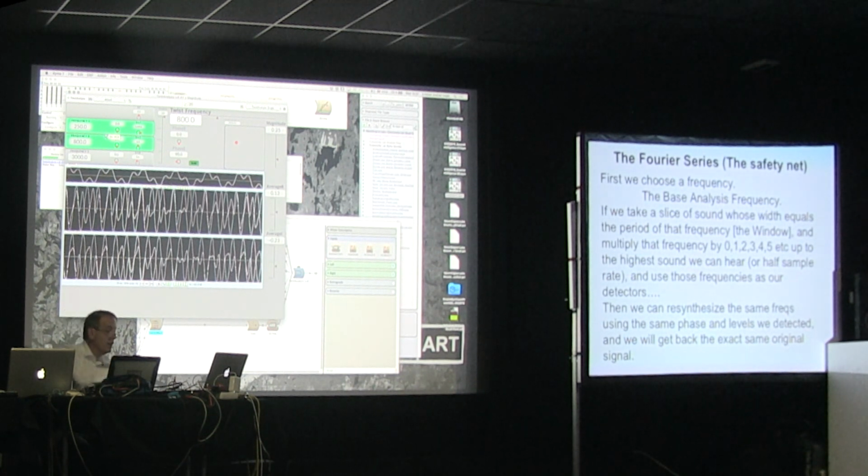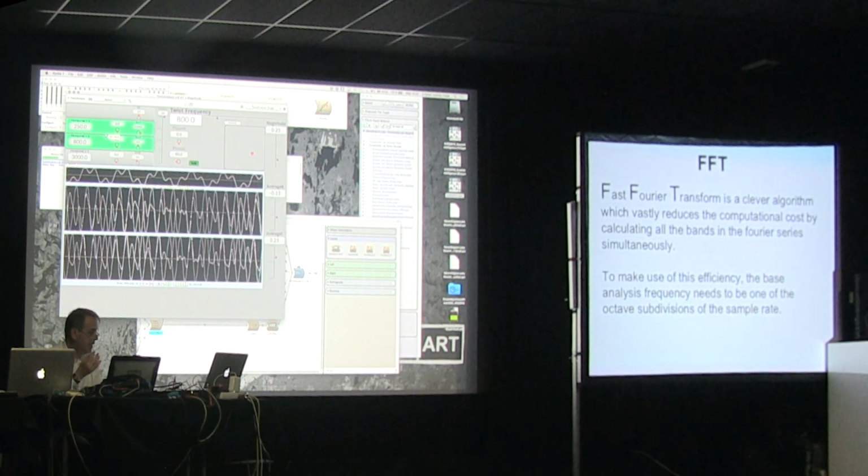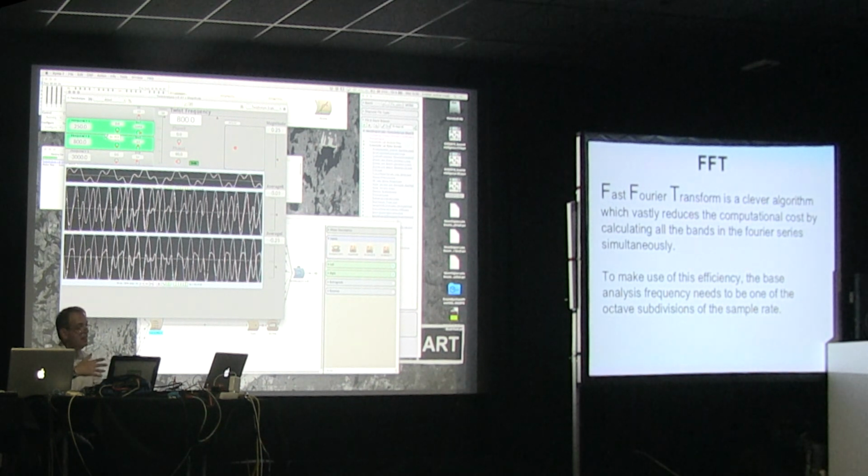Right. Now FFT is just this method that someone came up with, where they can make the maths much quicker. It takes less computing power, because there are so many of these that you want to analyze. They've got funky ways where you don't have to analyze every single frequency separately.